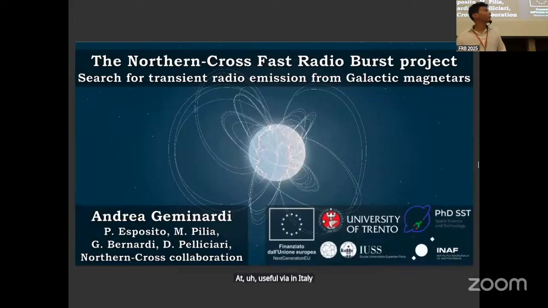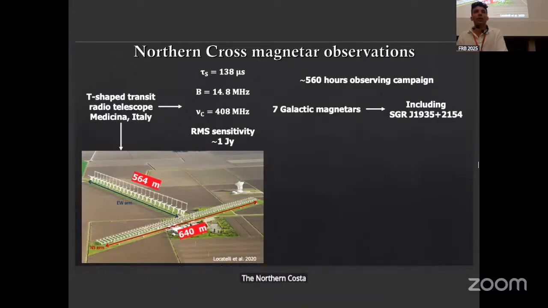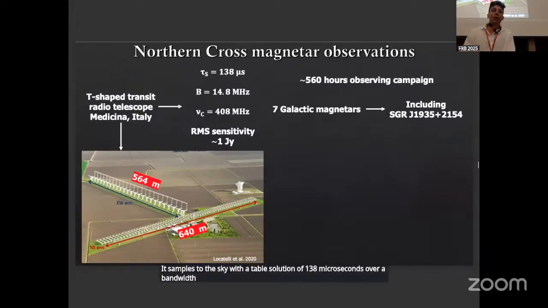And in this flash talk, I will briefly describe Northern Cross observations on 7 galactic magnetars for a total exposure of 560 hours. The Northern Cross is a transit radio telescope located near Bologna in Italy. It samples the sky with a time resolution of 138 microseconds over a bandwidth of 14.8 megahertz, centered at 408 megahertz.